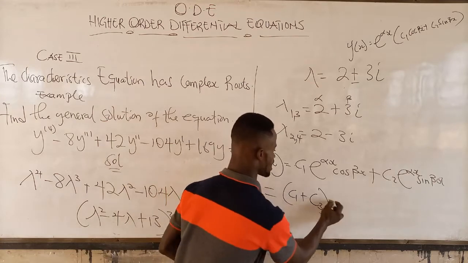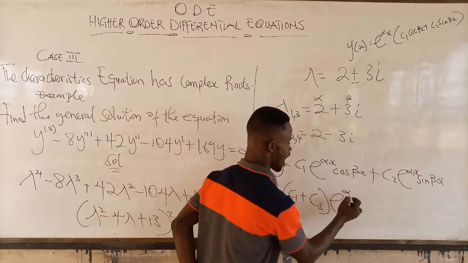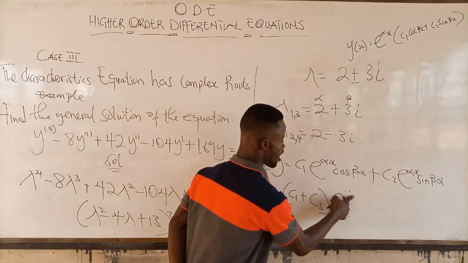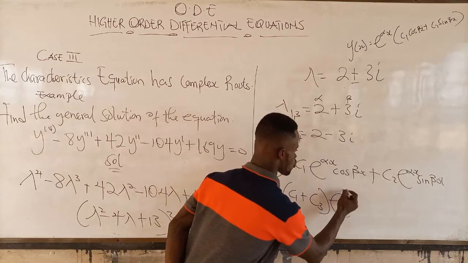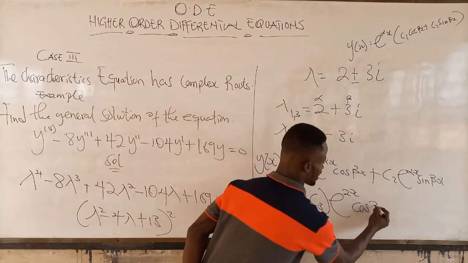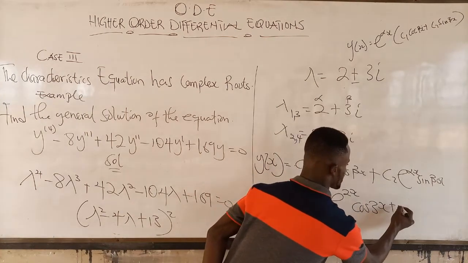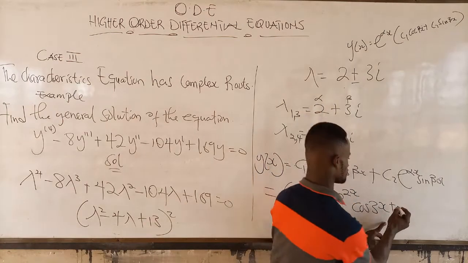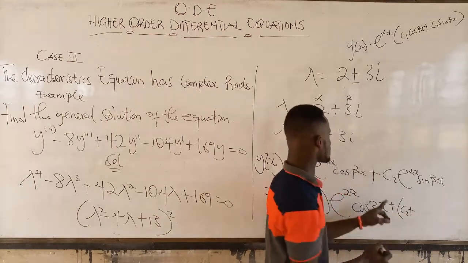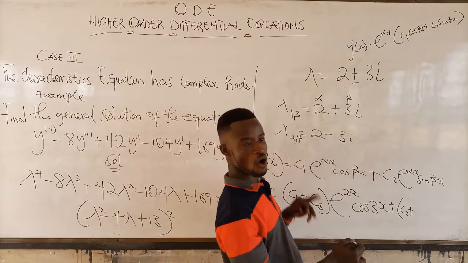Then that multiply e. Please, I'm coming. I'll be doing something. The alpha is 2x cos beta is 3x plus. Now here, that one is going to be C2 plus C4.